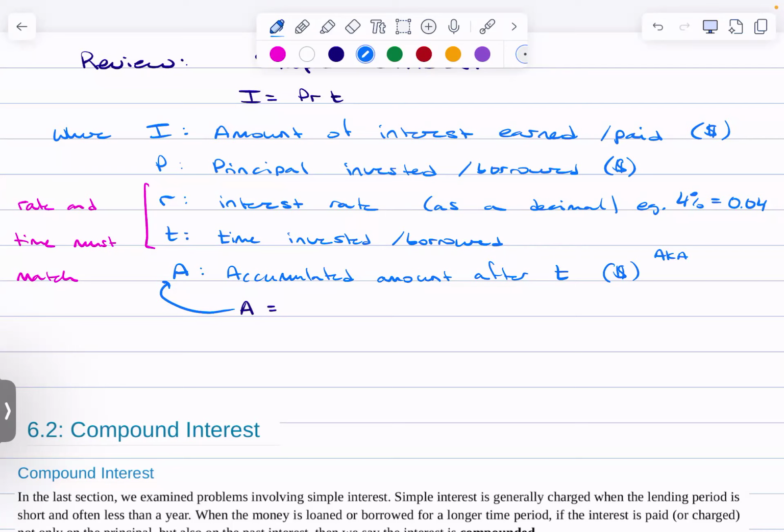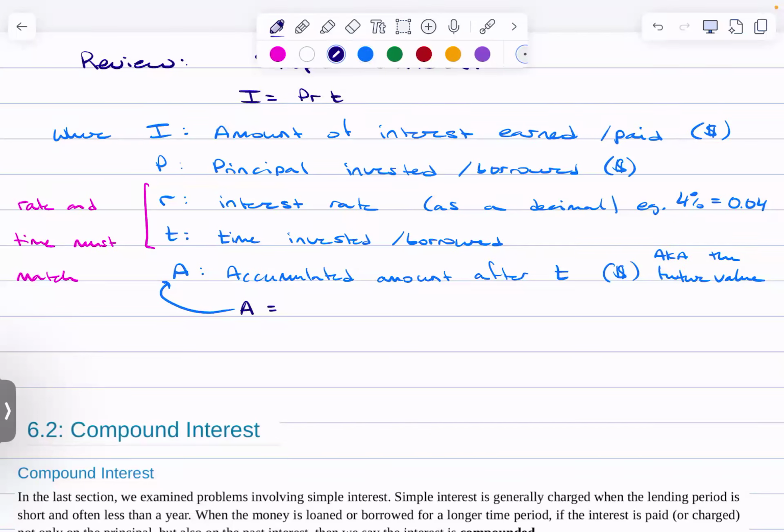Also known as the future value of an investment or a loan.